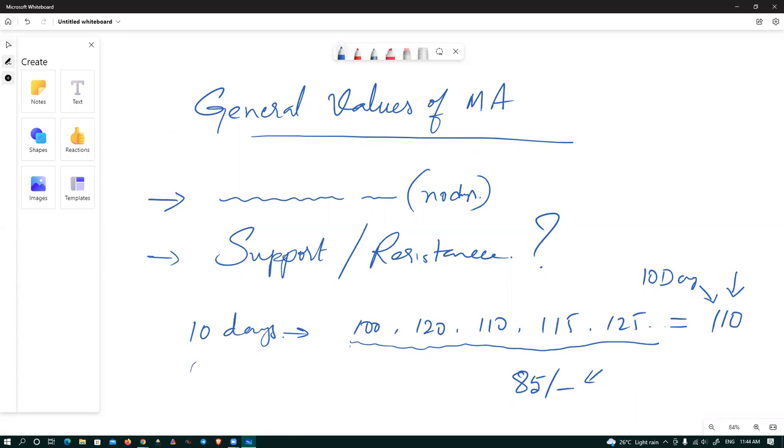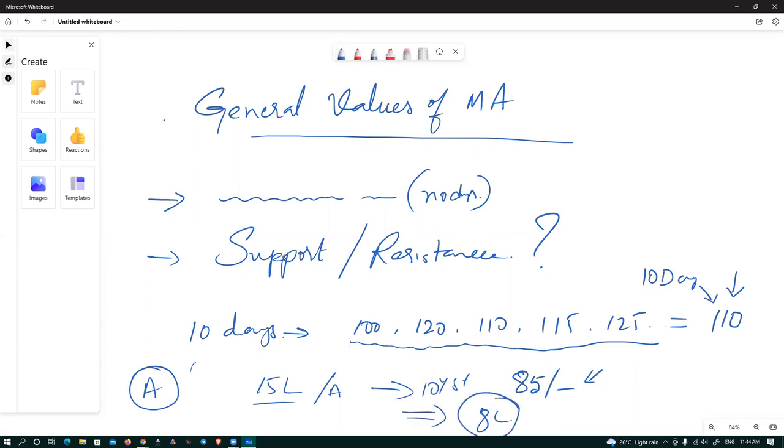So earlier person A was taking 15 lakh per annum salary for 10 years. And recently his package is 8 lakh. What does this mean? You will get some kind of interpretation.